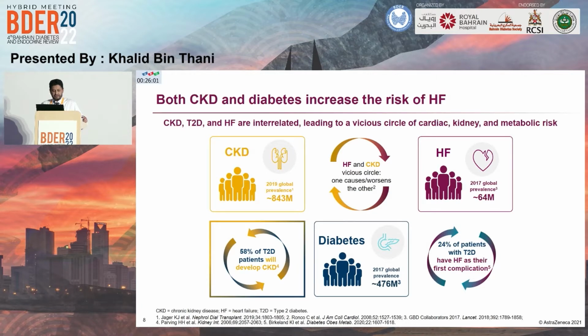For diabetes, the 2017 global prevalence is 476 million. So they are interconnected, because of the heterogeneity of our patients, when you come to the hospital, you're going to have patients with all three: kidney disease, diabetes, and heart failure.